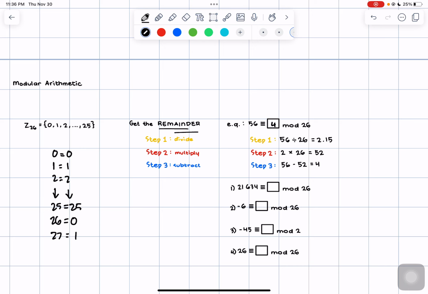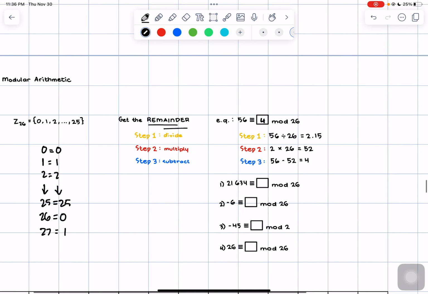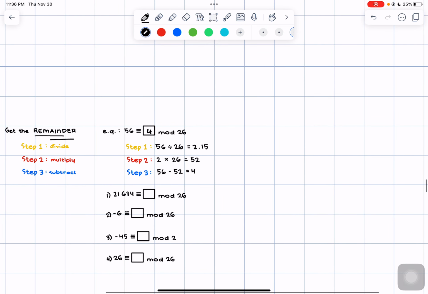Pause this video and try to answer the rest of the given questions below. Okay, let's solve the first one together now. Step 1. We divide. So that's 21,634 divided by 26 is equal to 832.